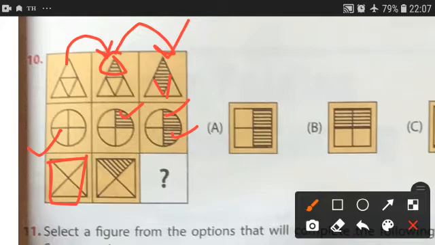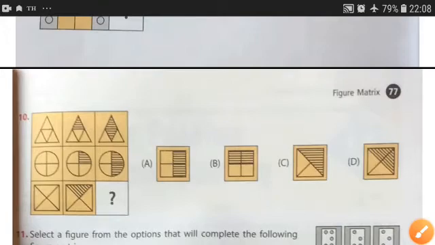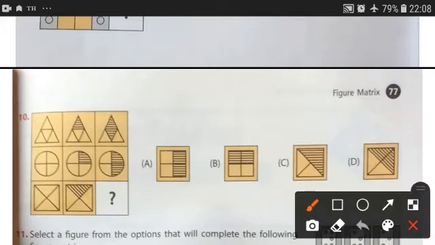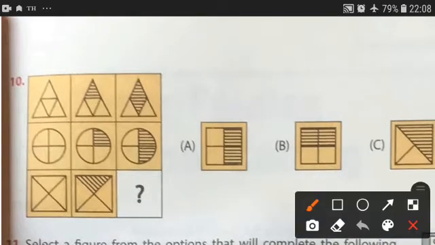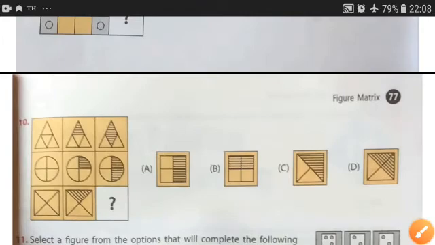Okay, this top part shaded, divided in 4 equal parts, then the bottom part will be shaded. The correct option will be, this bottom part will be shaded like this. Okay, correct option will be option number D.